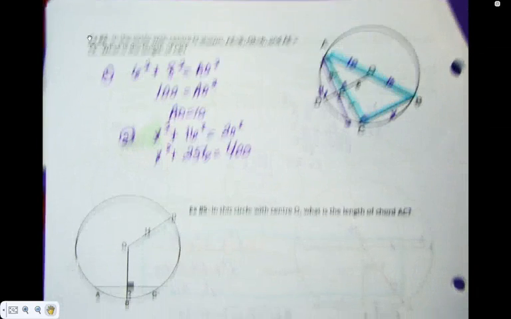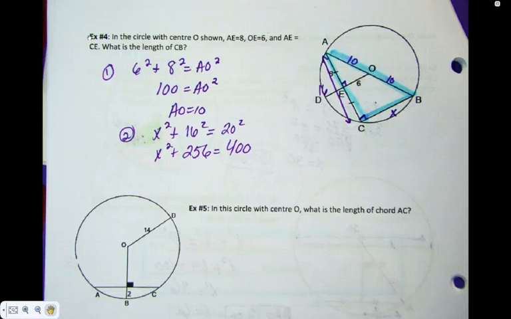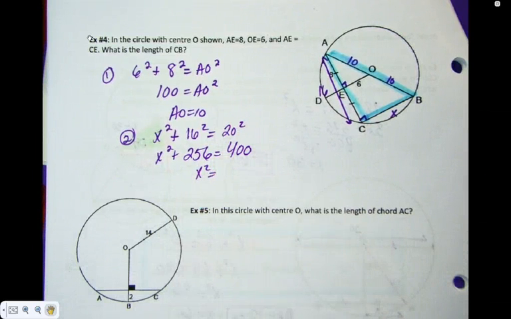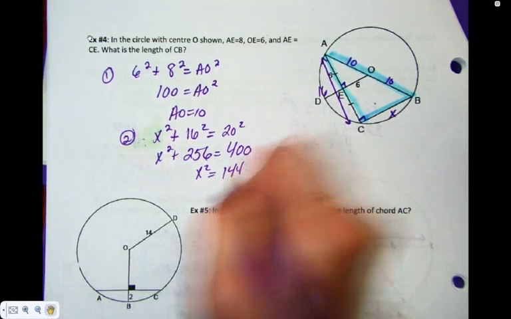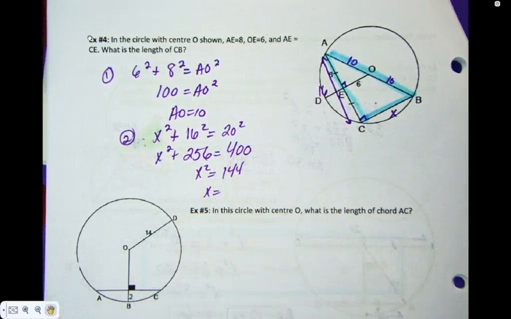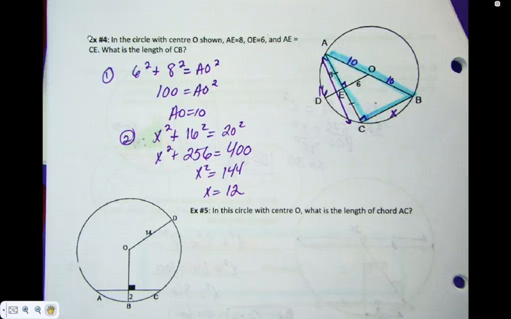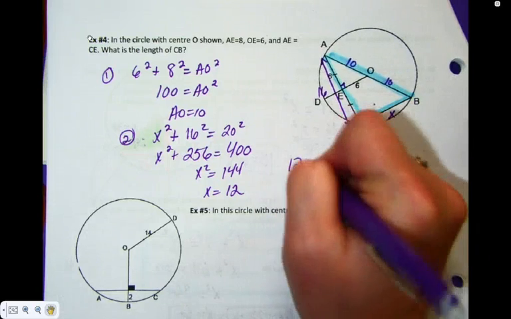Yeah, 256. Okay. Are we done, or do we need to multiply by 2 like we did in the last one? How do we know we're done? It's on the length. Because that is CB, so 12 is the final answer.